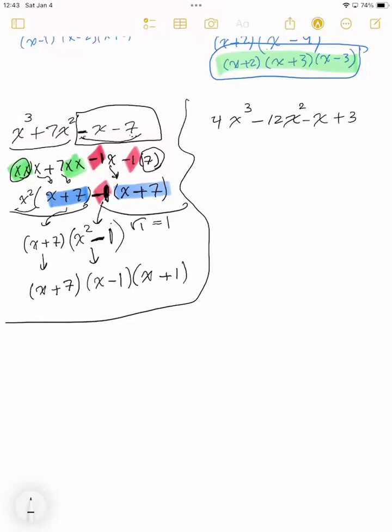The last problem, again, I'm going to look for the greatest common factor between the first two and then between the last two. The greatest common factor is 4x to the power 2. I'm just going a little bit faster. If you break everything down, you see that the greatest common factor between these two is 4x squared.